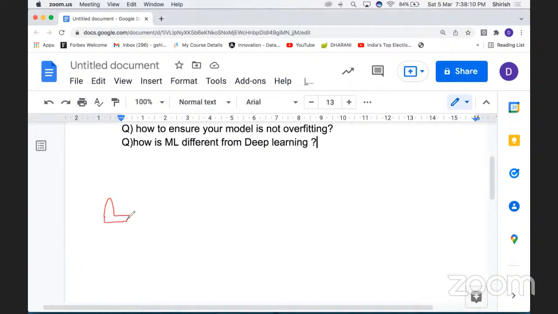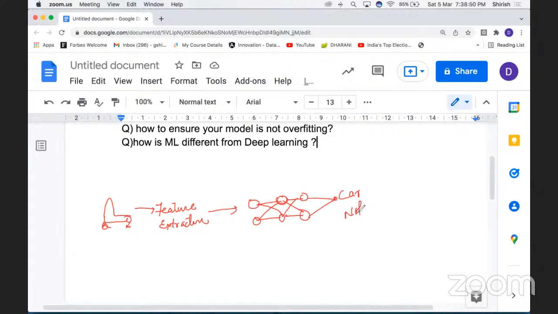If I have an input, right? I have an input, and I have to do an action. I will build one classification model, a classification with binary output, whether it is a car or not a car.